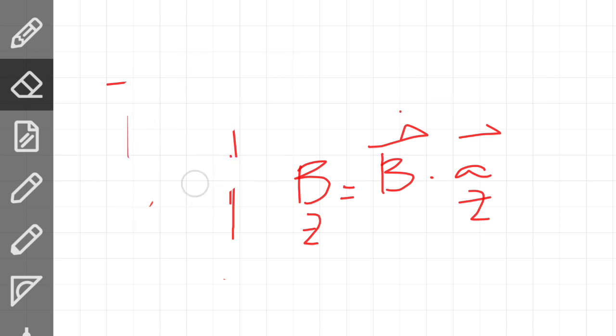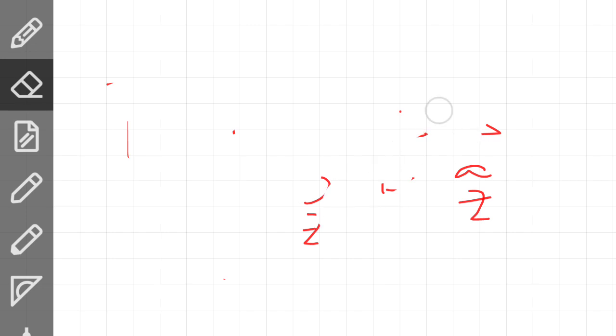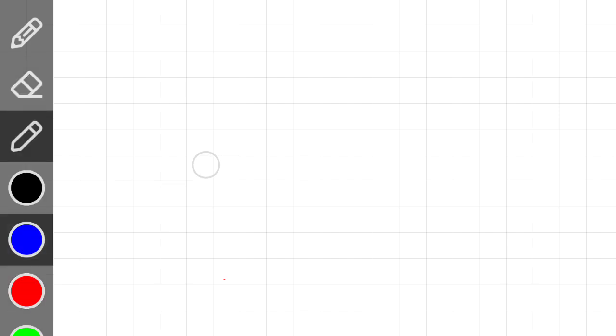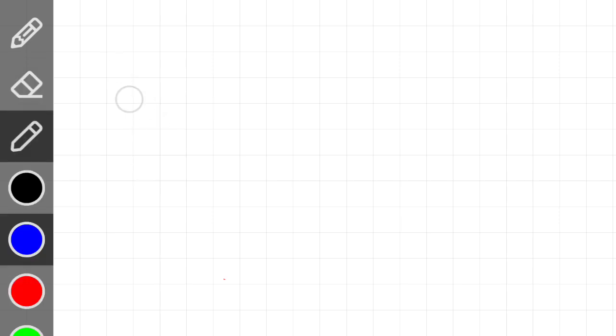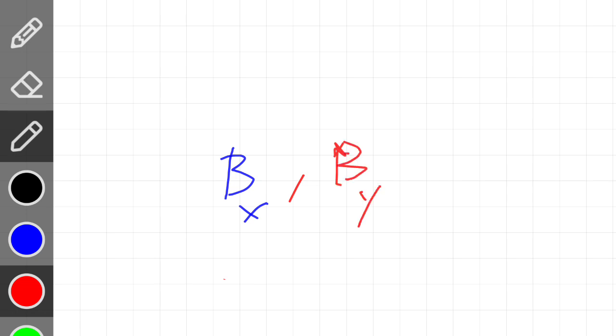We have calculated the three components of this vector in the rectangular coordinate system: the x component, the y component, and the z component.